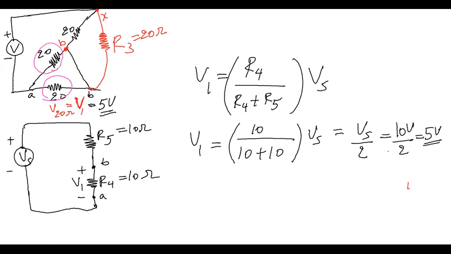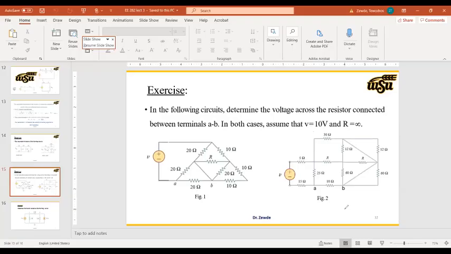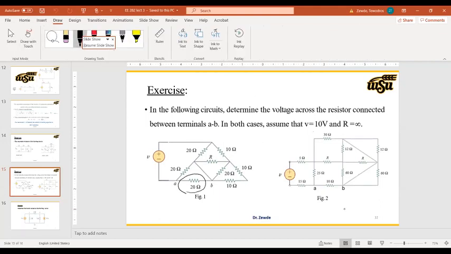What we did is first determine the voltage across their equivalent, and then that voltage is the same as the voltage across each component. Okay, let's get back to the example. In this case, we determined the voltage across the 20 ohm resistor, which is 5 volt.